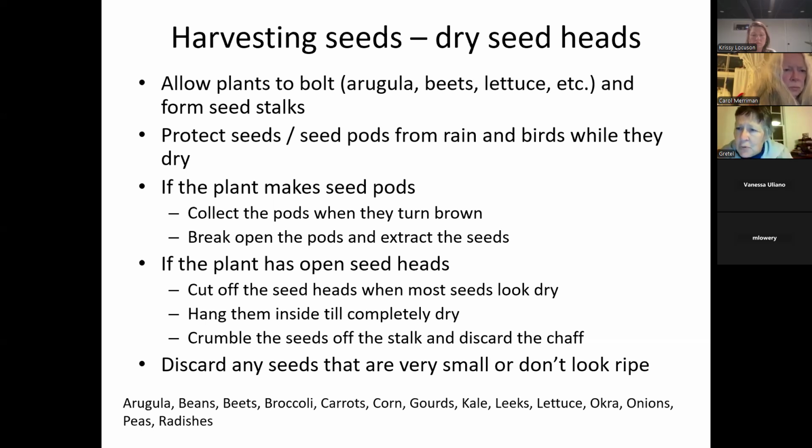It's not super important that you make sure that only thing being saved is seeds. It's okay if there is some chaff, which is the non-seed part of the seed head. You don't want there to be a lot of chaff, partly because it's harder to store, it's harder to plant ultimately, but also you are going to want to keep the seeds dry.